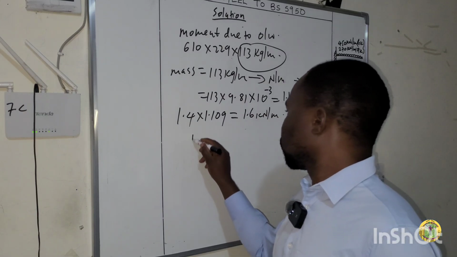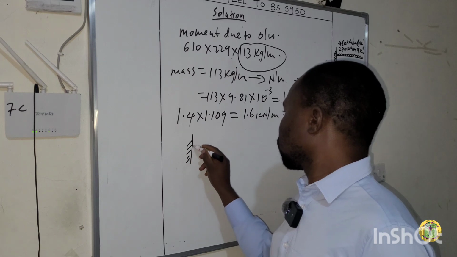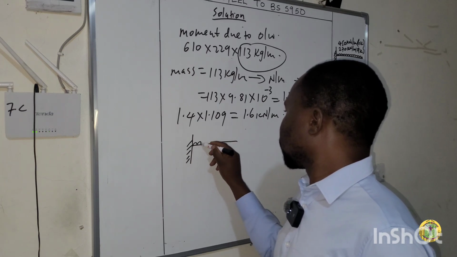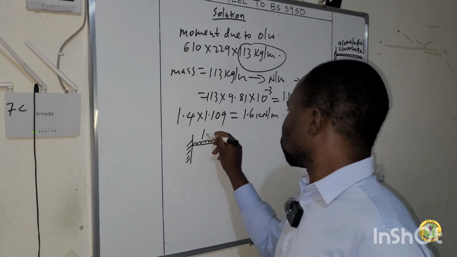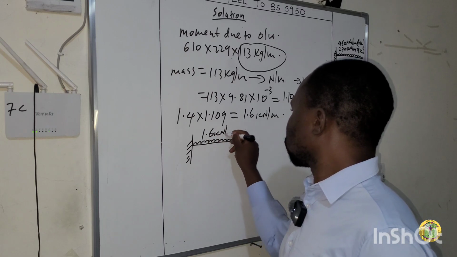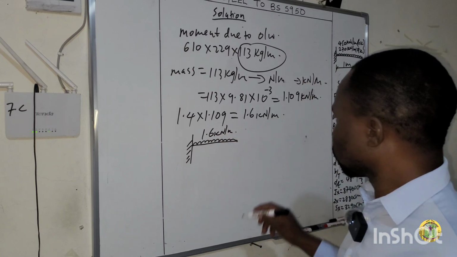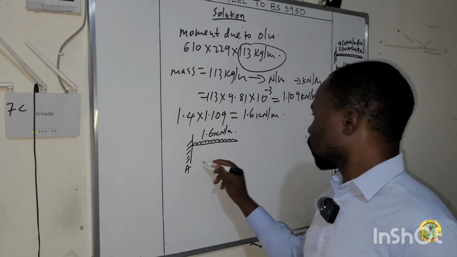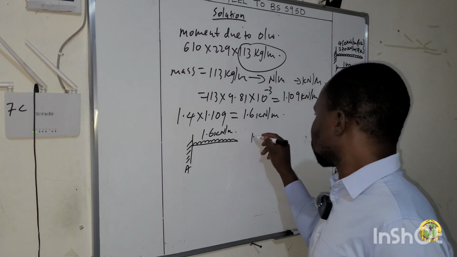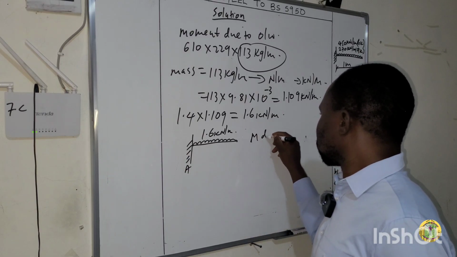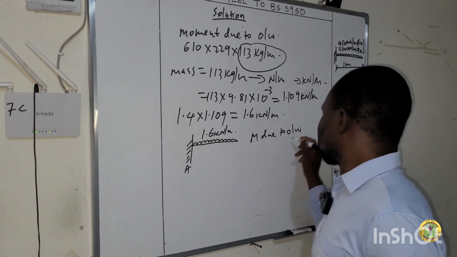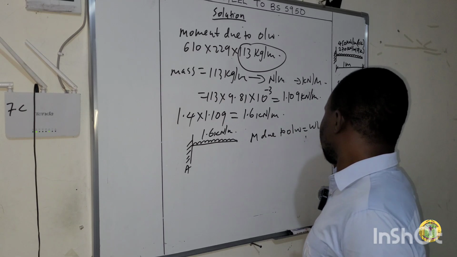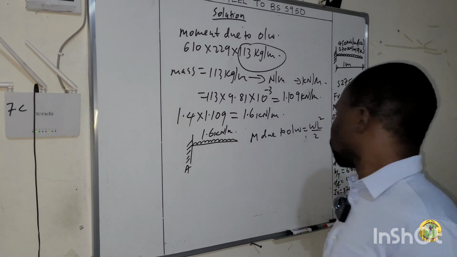So it means if this is our cantilever beam and this is the loading of the own weight, which is 1.6 kilonewton per meter, therefore maximum moment at A, or the design moment due to own weight, is equal to WL square over 2.